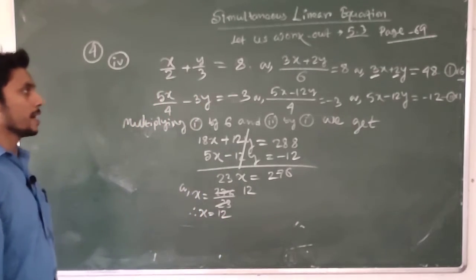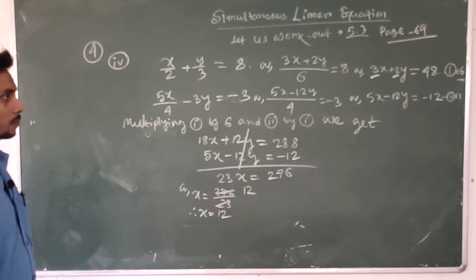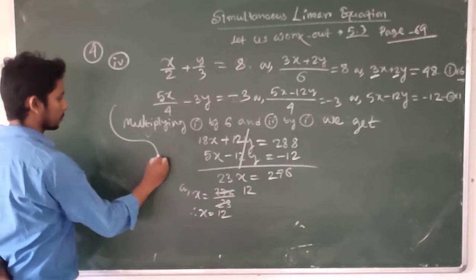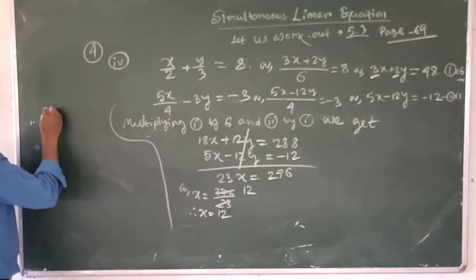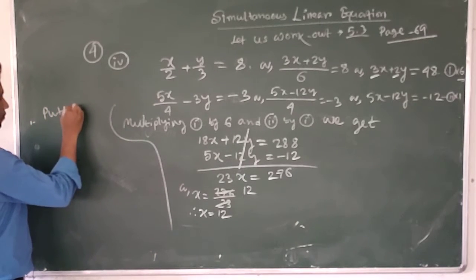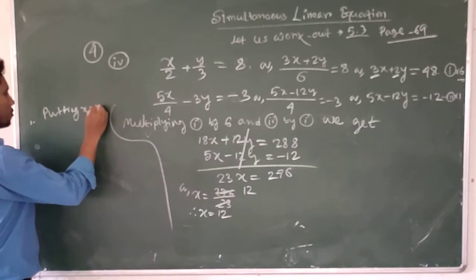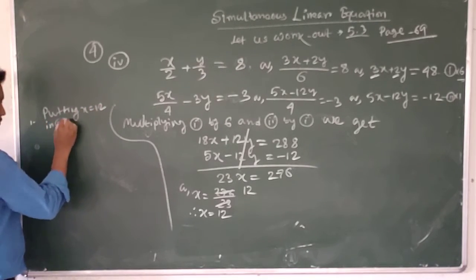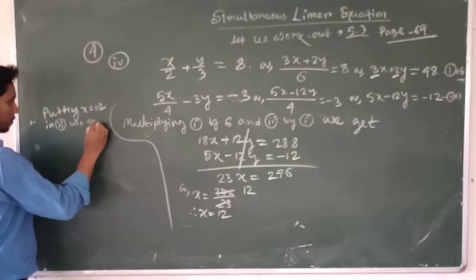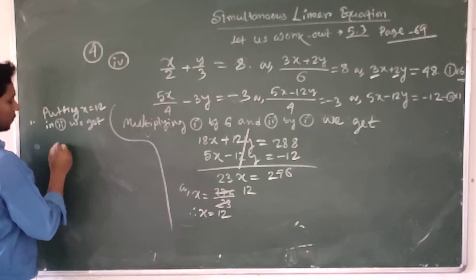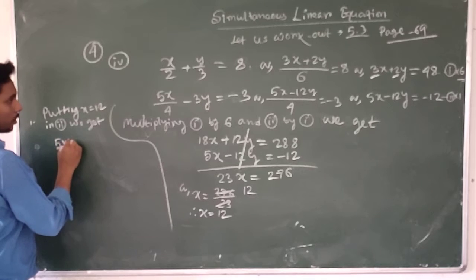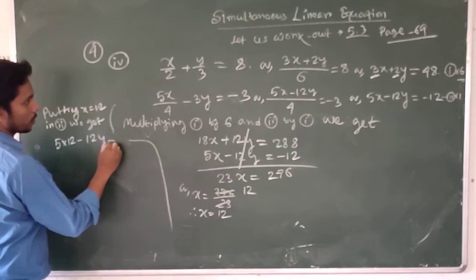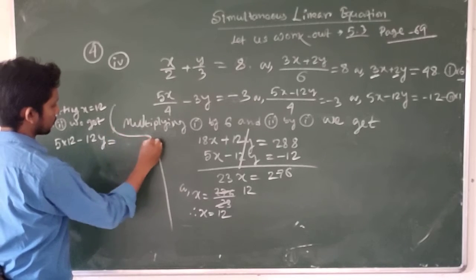Putting the value of x in any of the equations. Putting x equals 12 in number 2, we get 5 into 12 minus 12y equals minus 12.